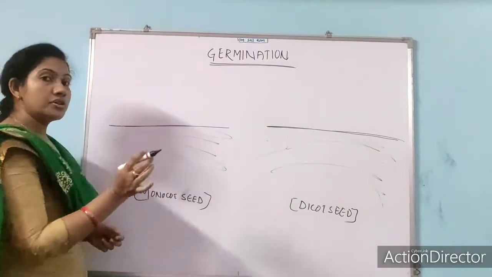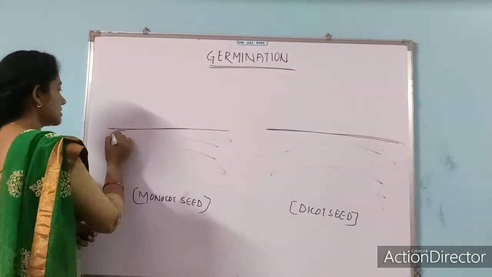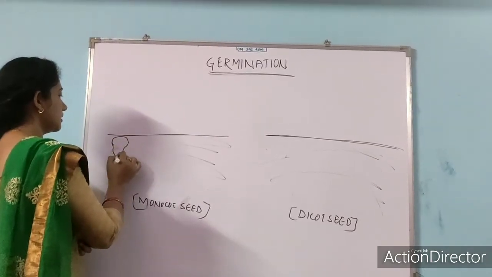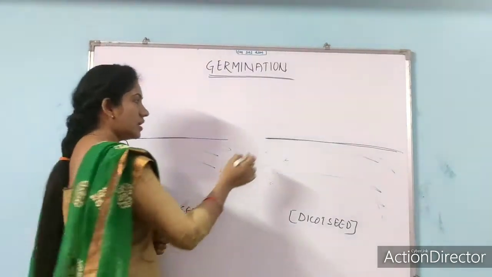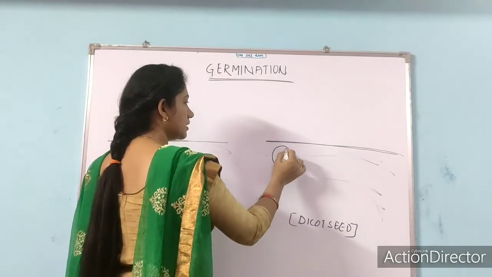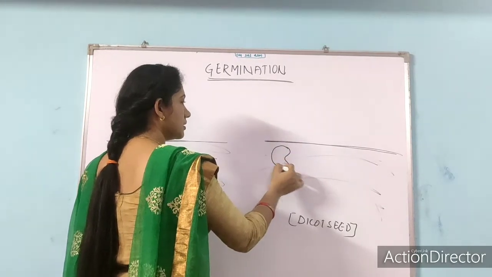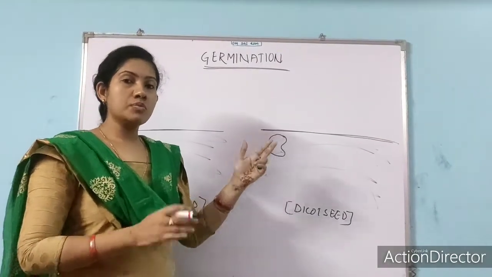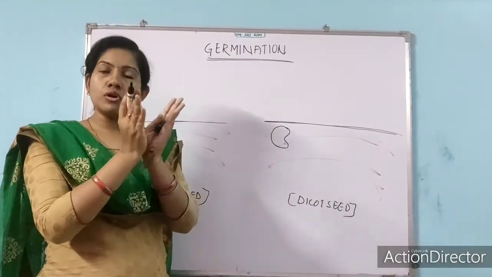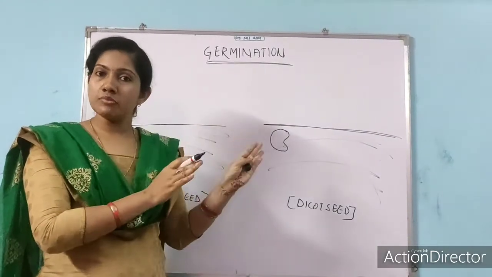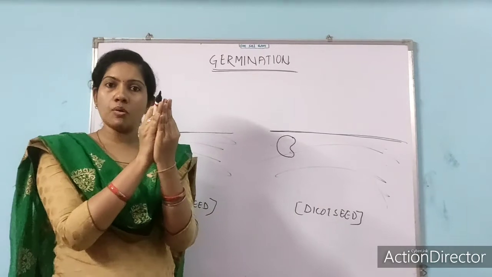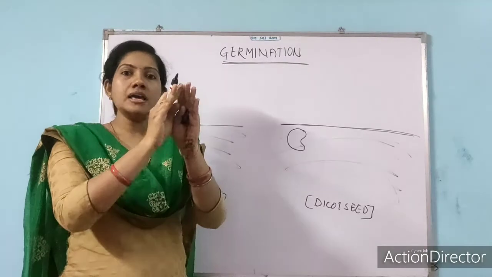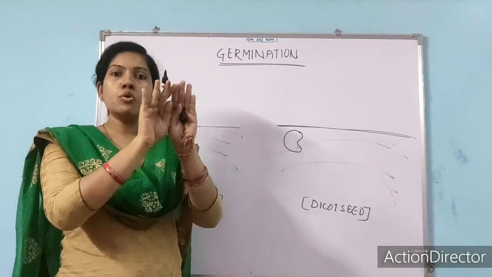Okay, so we will put a monocot seed inside the soil. Here I am putting the dicot seed, like this. Remember, in our parts of seed portion, I showed the two parts, or two cotyledons, of a dicot seed. At that time also I said the seed is in a closed format like this. For showing the parts of the seed, I showed it in open format.